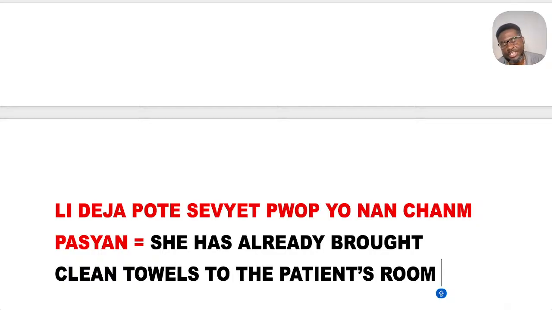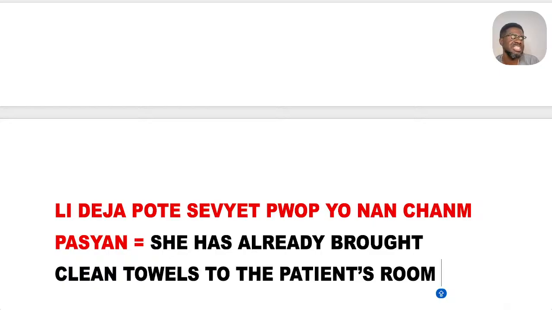And make sure that in these sentences, she has already brought clean towels to the patient's room. You must put the apostrophe, like a possessive, okay? That is what defines possession, whose room it is, the patient's.